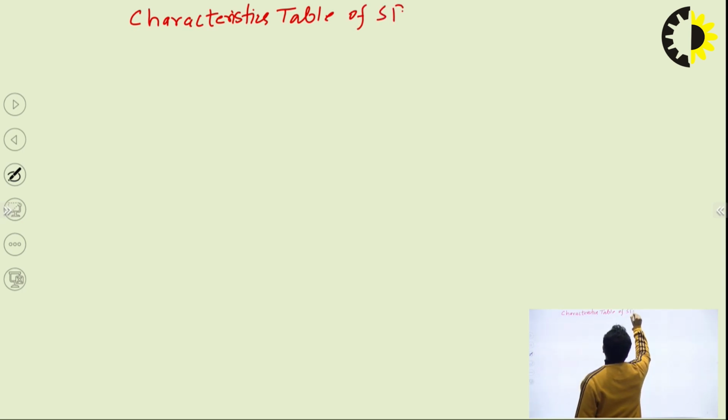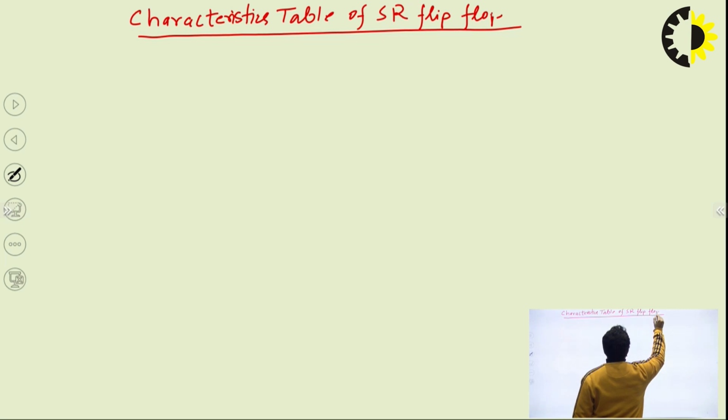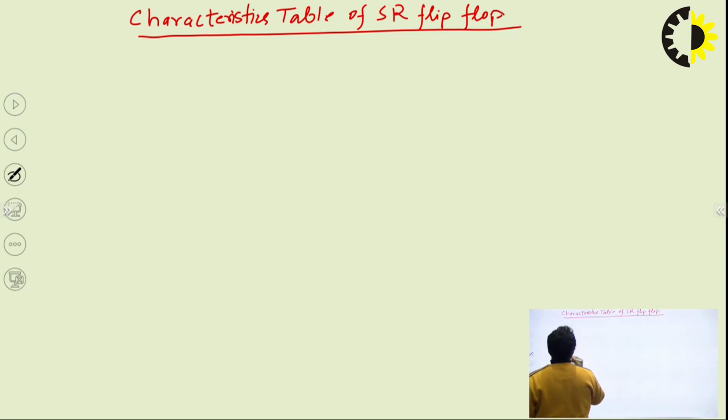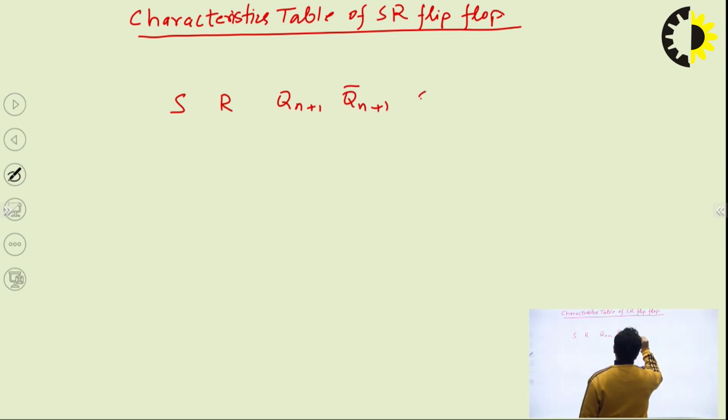To draw it, let us quickly revise the truth table. We have S and R, and the outputs Qn plus 1 and Qn plus 1 complement. For ease of understanding, you can also write the state.